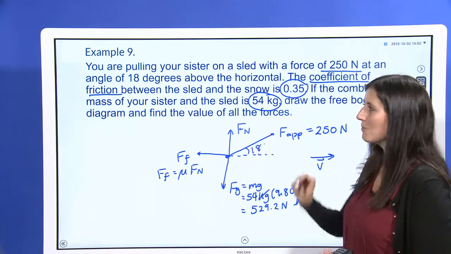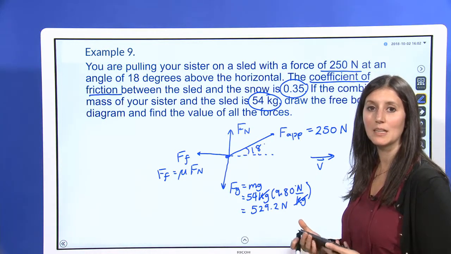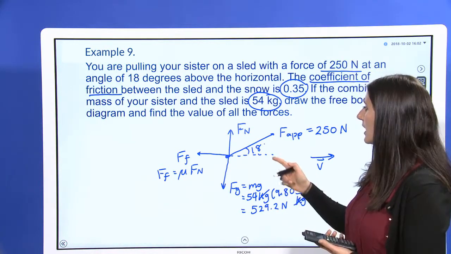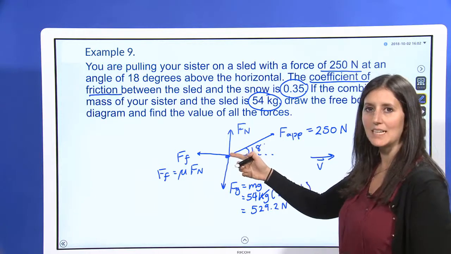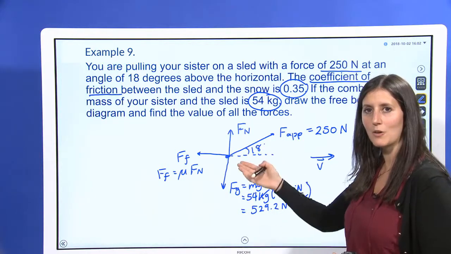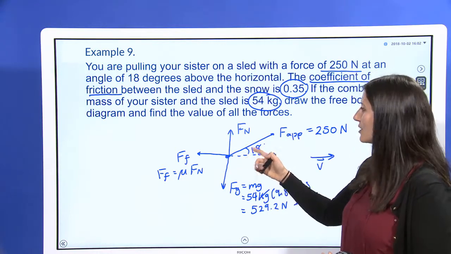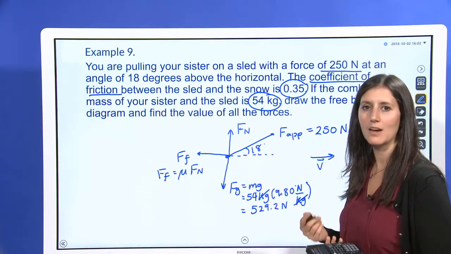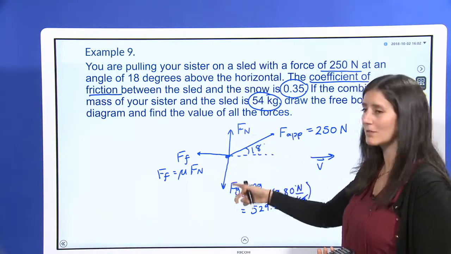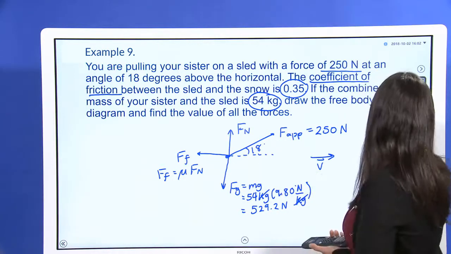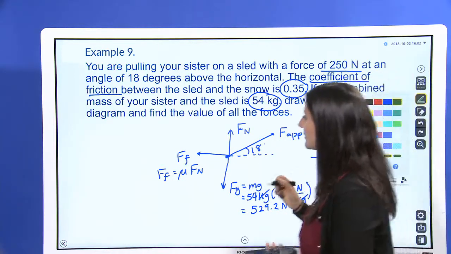To get this normal force is just like the question we did last with the wagon. I want to make sure that this sled is not falling into the ground or flying off the surface of the ground. We want it to stay on the ground. So that means the net force of the sled in the y direction has to be 0. So I'm going to do this on the side again.